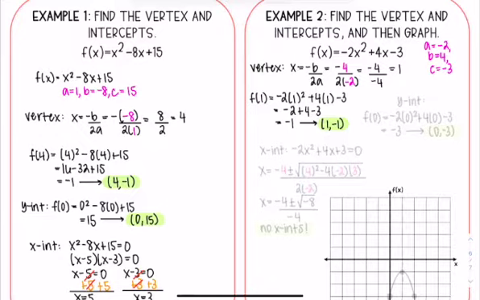Let's go ahead and find the y-intercept next. Negative 2 times 0 squared plus 4 times 0 minus 3. And this is just going to give me negative 3. So we end up at the point 0, negative 3.